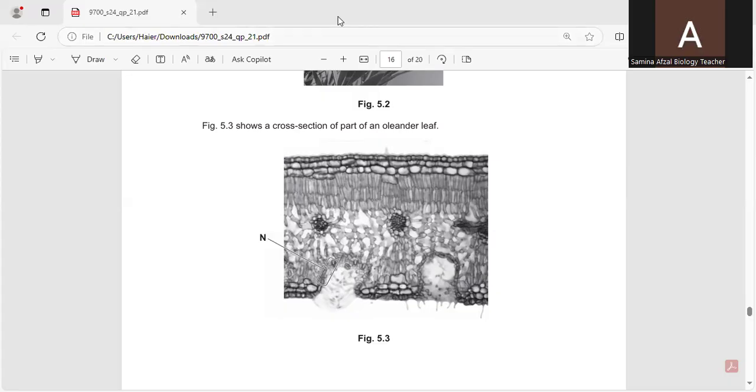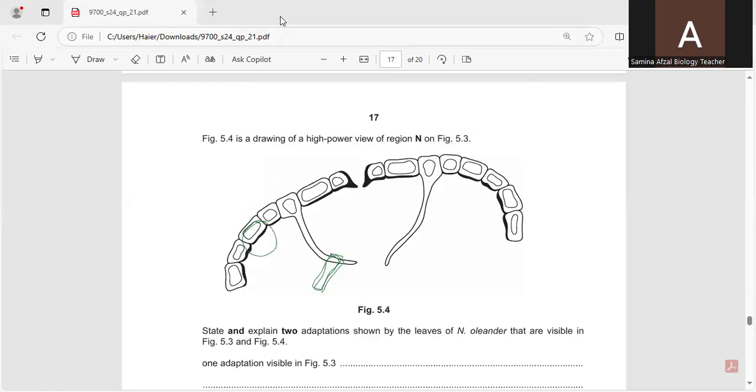They have marked one point, this part mentioned with N. Now they have asked some questions regarding this. They have highlighted this part N, and you can see the difference in structure.